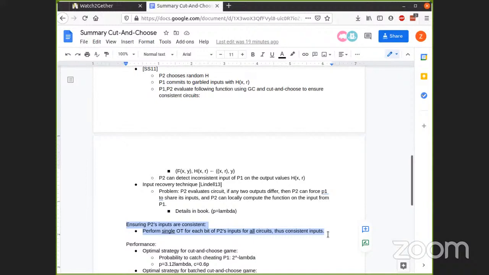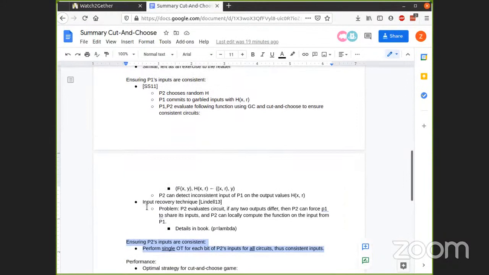The strategy you can employ is that for every oblivious transfer, instead of transferring only one input for one of the circuits, you transfer a batch of inputs for the group of circuits, so that they're consistent. So that's how you can do it.